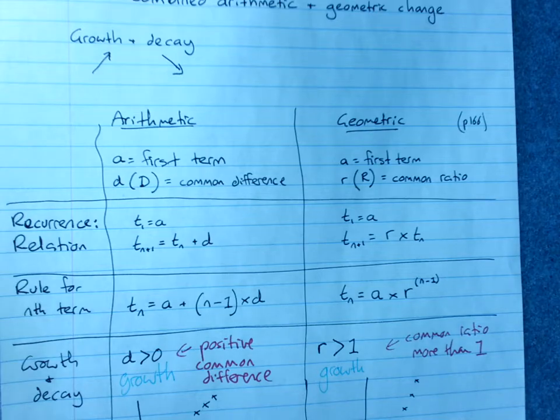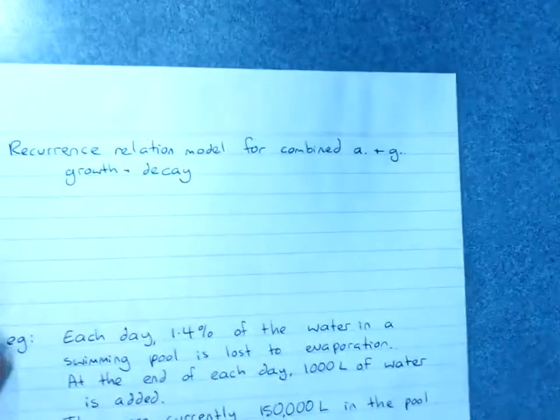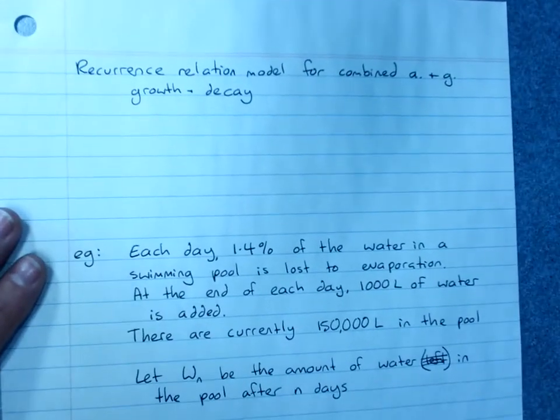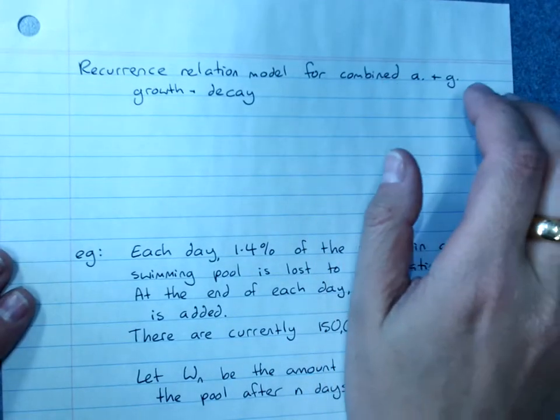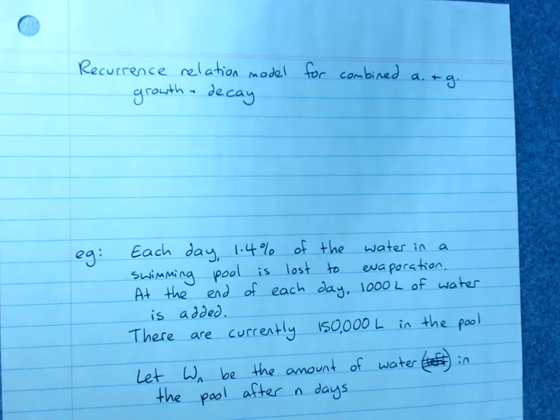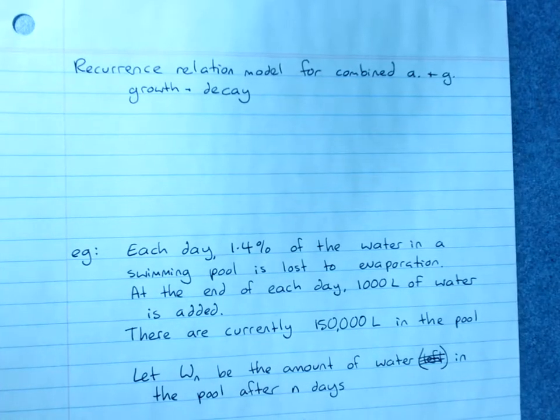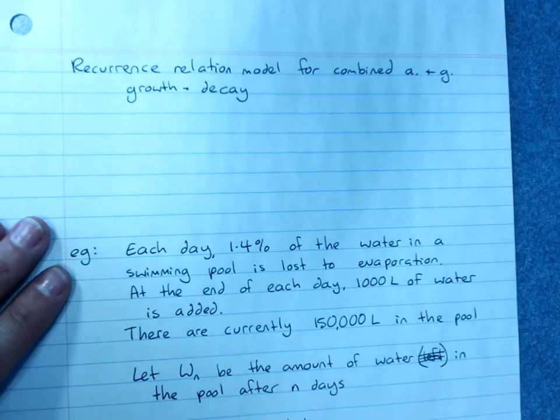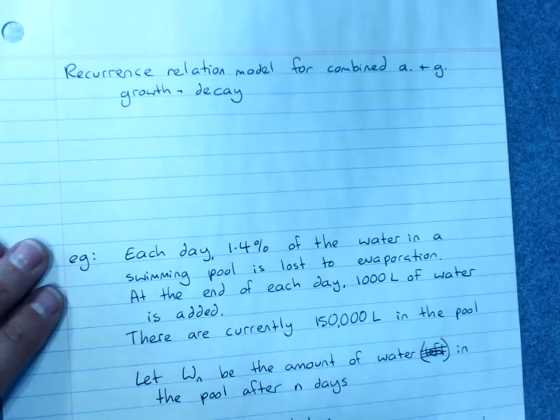Now what we have to be able to do is combine the two, because some patterns have combined arithmetic and geometric growth and decay. We are going to have a recurrence relation for this sort of thing.